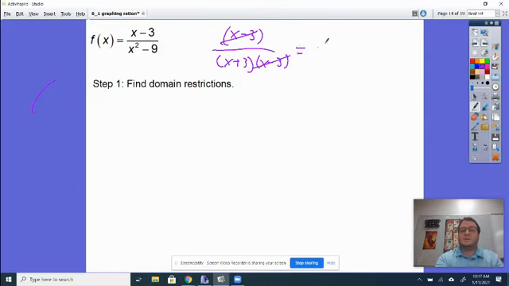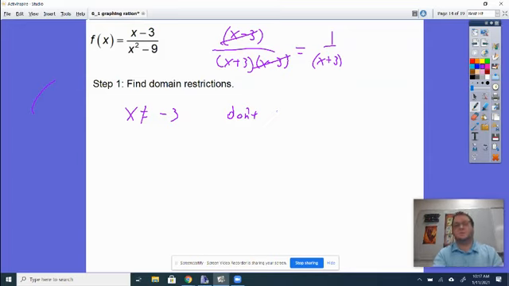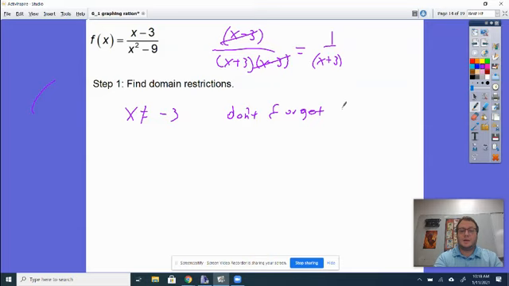What's going to happen is now I really only have that problem at x equals -3 from what I can see. But from our original equation, don't forget, x also can't be +3.